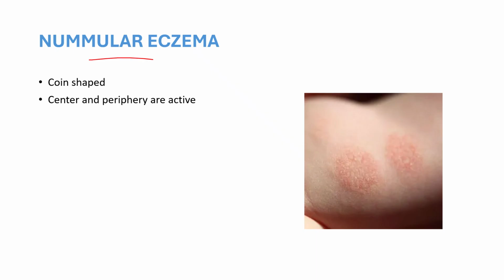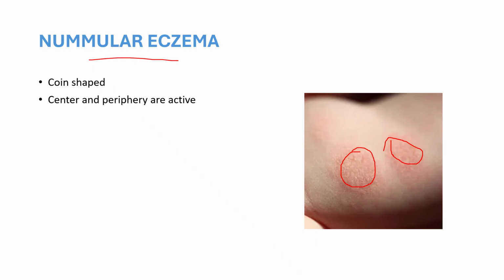There is another type which is called nummular eczema, where the lesions are coin shaped. And what is the difference? Usually you see ring shaped lesions, which are usually called ringworm, a kind of dermatophyte infection. What is the difference between nummular eczema and the lesion due to a dermatophyte?